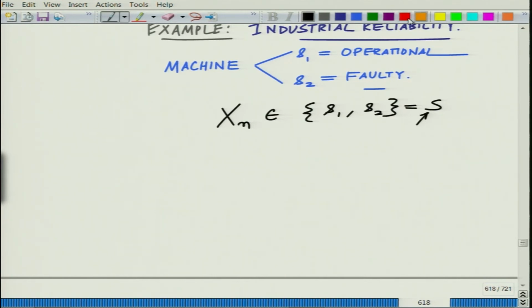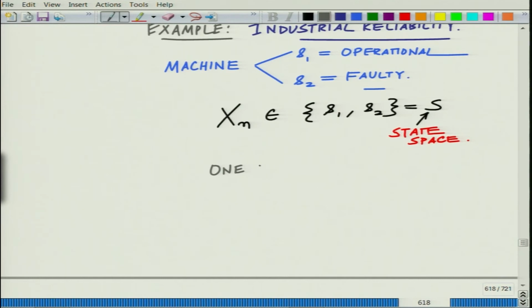You might well remember this is your state space, and the probability. Now, let us look at the one step transition probabilities.